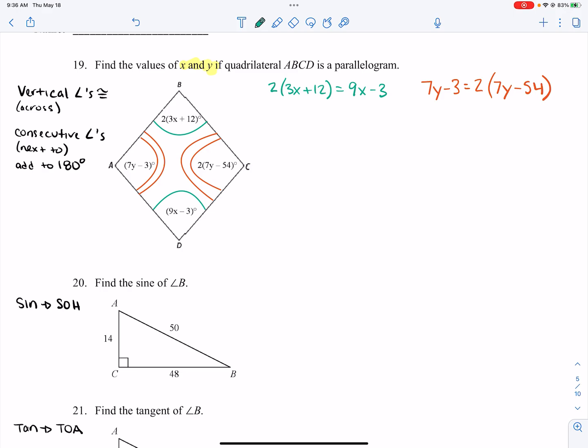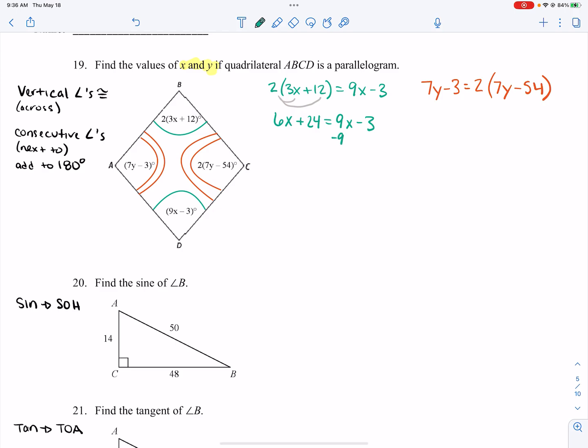So first I'm going to distribute. 2 times 3x is 6x. 2 times 12 is positive 24. My equal sign, 9x minus 3. I want to get all my x's to one side, all of my non-x's to the other.